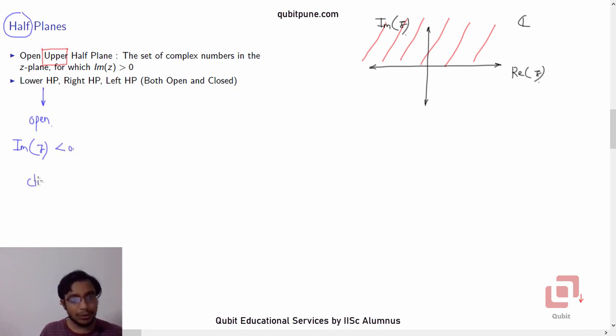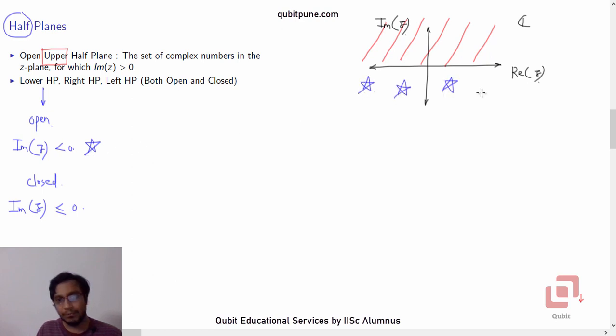And if we are talking about the closed lower half plane, then the imaginary part of z is less than or equal to 0. Let me now show the open plane. So this includes both the third and the fourth quadrants.